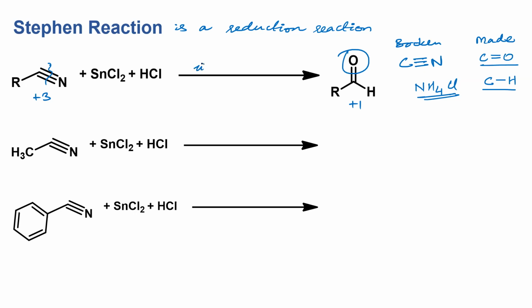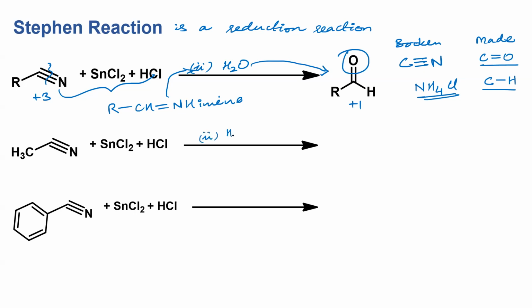You just write a second step here, that is, hydrolysis is also done. Initially, if I mix these three substances, I will get R CH double bond NH, which is known as imine. After this, if I add water, that means if I do hydrolysis, I will get aldehyde. So let me write the second step here, H2O.